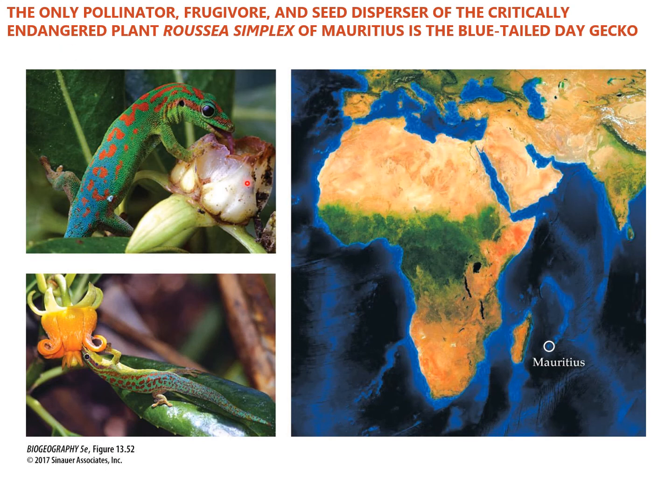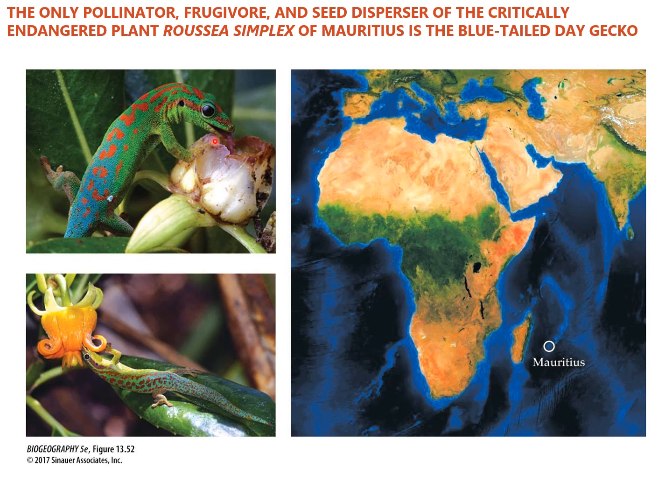Basically, there are some interesting other things that can cause species to be endangered more easily, which I don't think is news to anybody. But here we're seeing the only pollinator, frugivore, and seed disperser of the critically endangered flower species, Roussea simplex of Mauritius. It's the blue-tailed gecko.